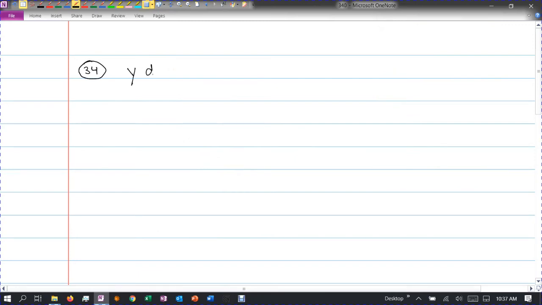y dx equals y e to the y minus 2x dy. Again I'm going to go for x prime here. Dividing through by dy, x prime equals, everything here can be taken out of parentheses because I divided through by dy.